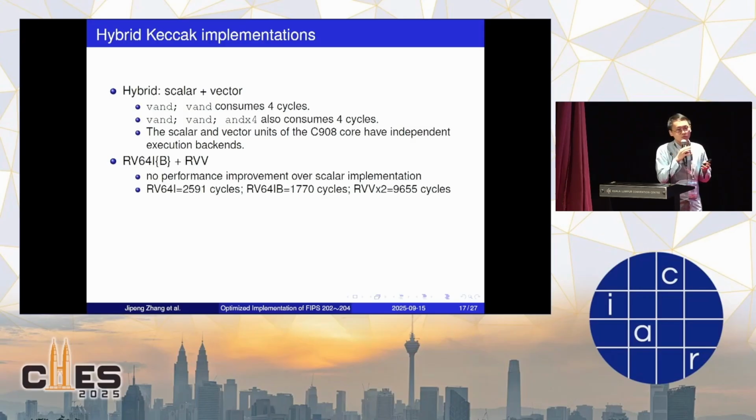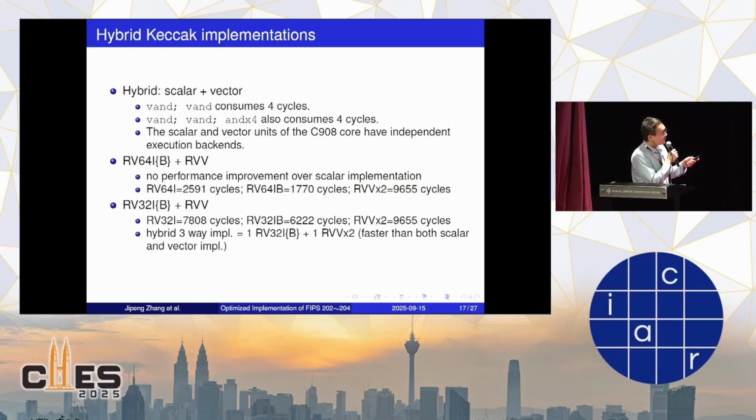And then we try to construct the hybrid implementation using the IV64I plus vector version. But we found no performance improvement because the scalar version is fast enough. And then we construct the hybrid implementation using the 32-bit plus the vector version.